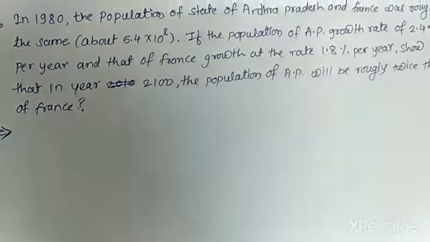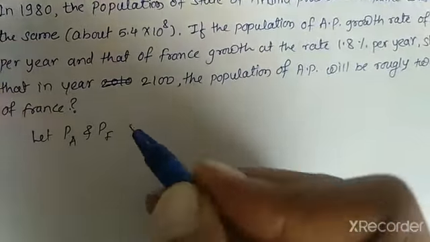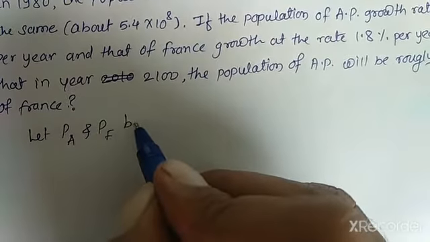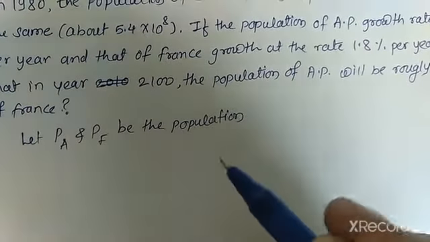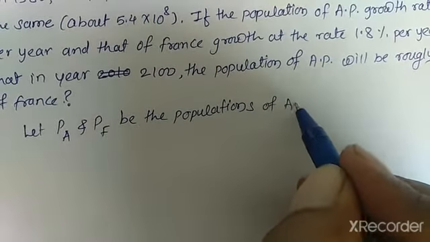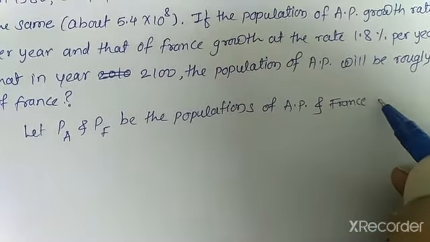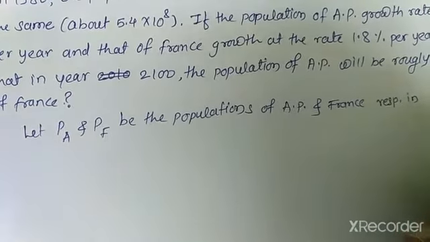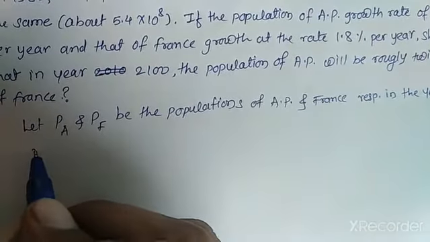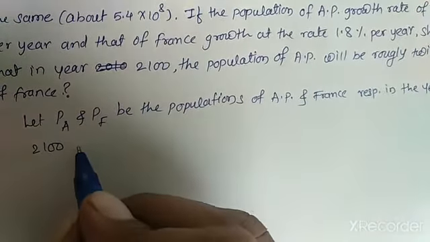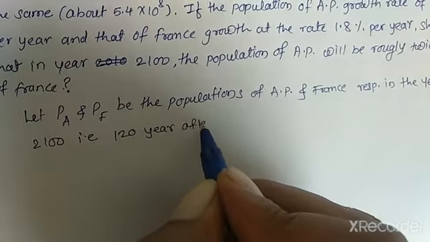Here let P sub A and P sub F be the population of Andhra Pradesh and France respectively in the year 2100, that is 120 years after 1980.